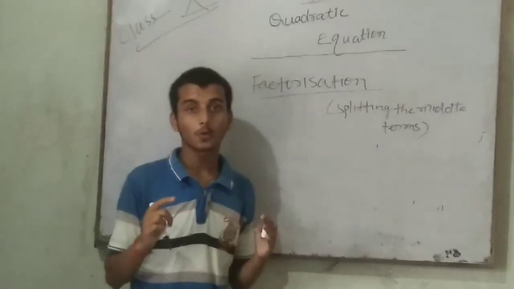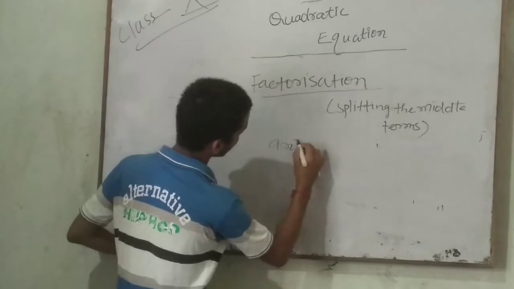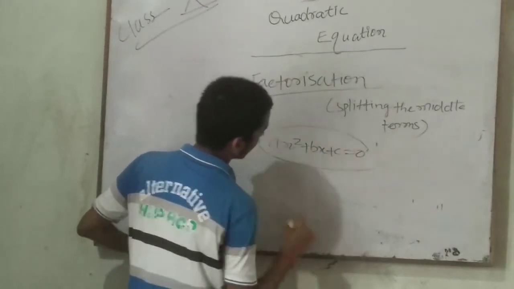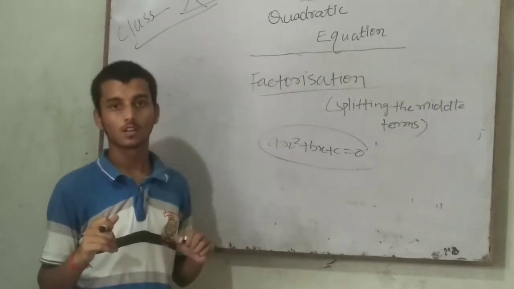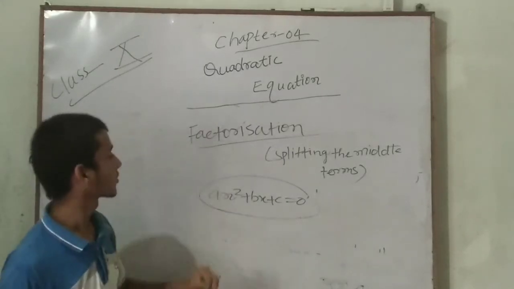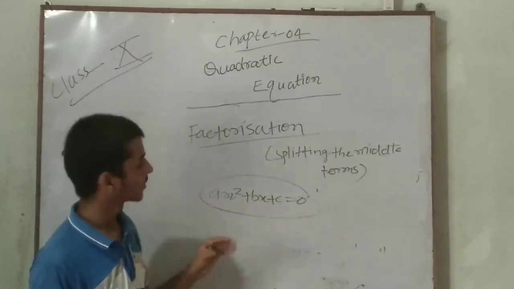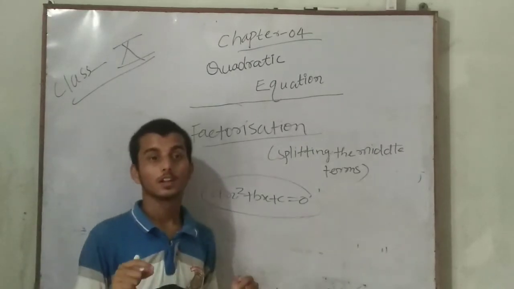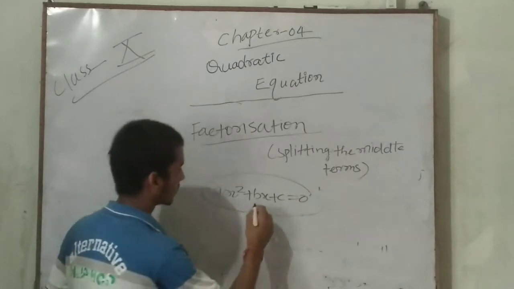This factorization says that if a given quadratic equation is in the form of ax square plus bx plus c equal to 0, then for finding the roots we split the middle term.